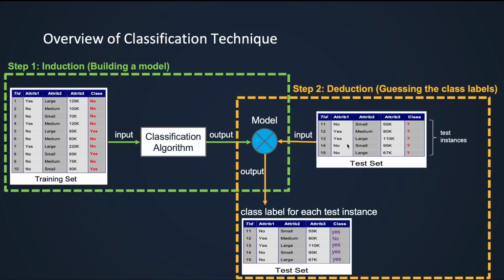That is, we have some data set, but we do not have the class labels. Given this incomplete data set to the model built by a classification algorithm, the model has to predict the class labels. This is the overview of a classification technique. Any classification technique has to perform these two steps, that is induction and deduction.